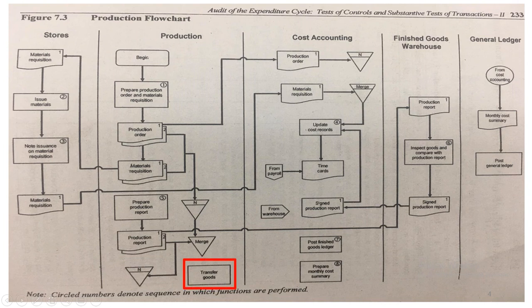While the first copy for the production report will then be transferred to the finished goods warehouse.